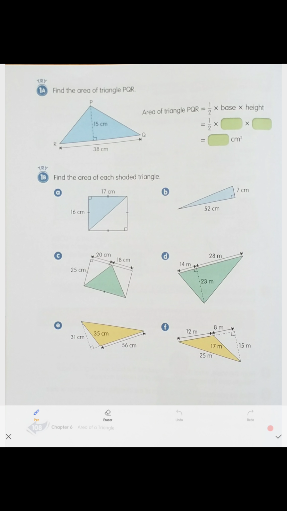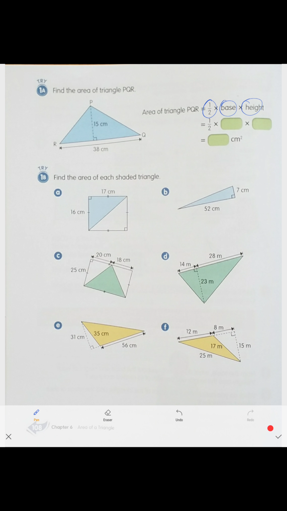Okay, so we move on, and now we have to try everything ourselves. Exercise number 1, find the area of triangle PQR. I assume you've done everything yourself, right? I'm just gonna explain it really fast. The area of the triangle, we know now, is half of the base and the height.